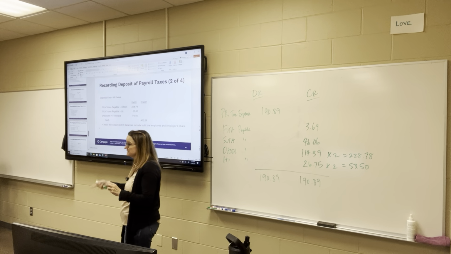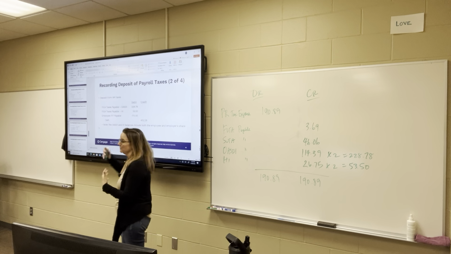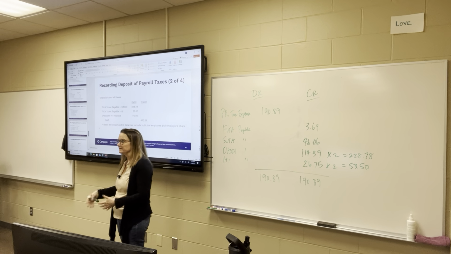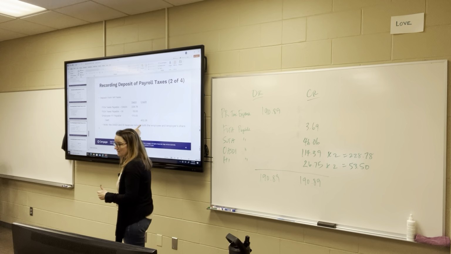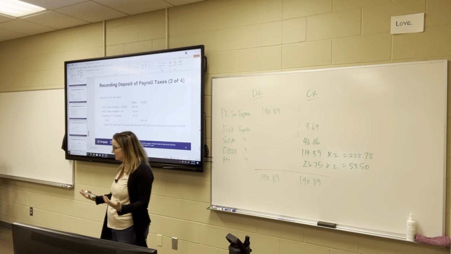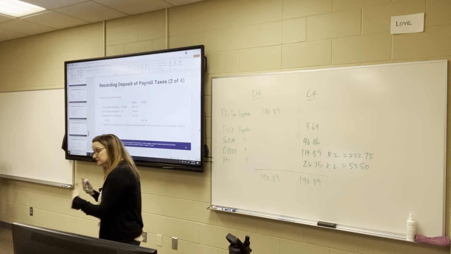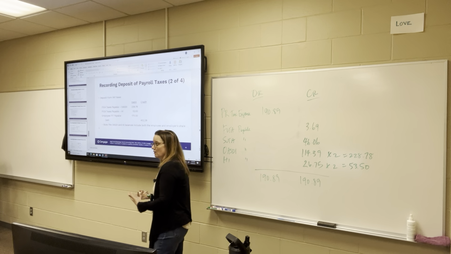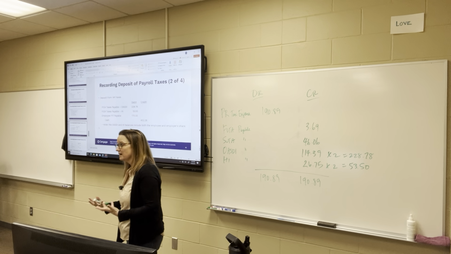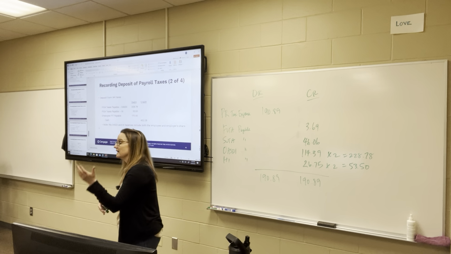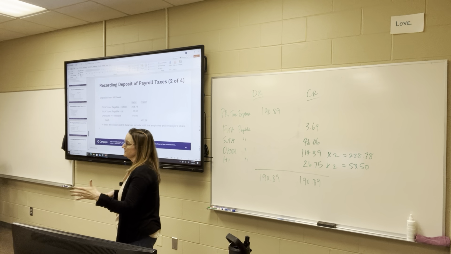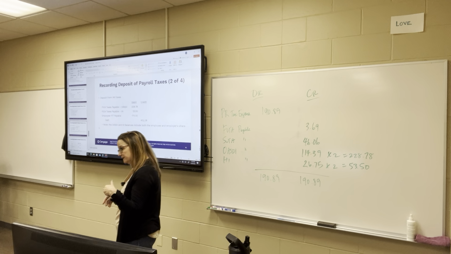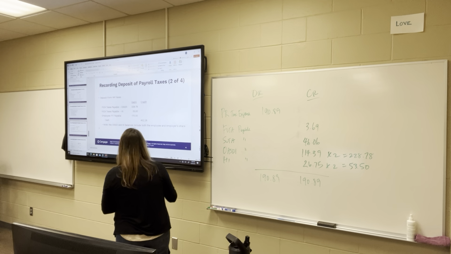It could be a next day deposit, but with this amount, we don't have a next day deposit requirement because that would mean that all of this would equal over $100,000. We may have a semi-weekly deposit requirement. When we make this payment depends on how much we owe and what the deposit schedule is that we are on. So you have to kind of remember back to chapter 4. Actually, I think we talked about it initially in chapter 3, that deposit schedule.